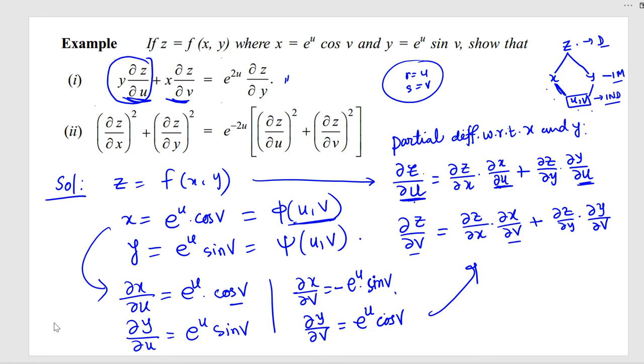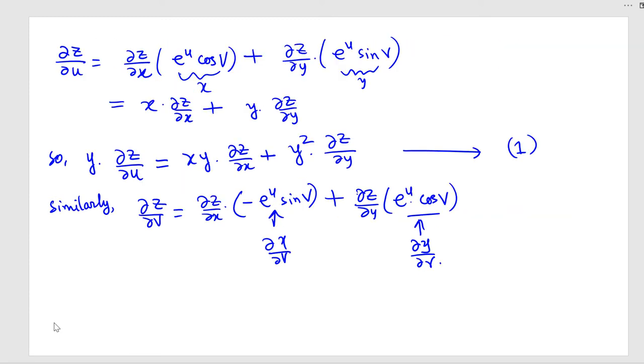We can see that this is negative e to the power u into sine v, and this is e to the power u into cosine of v. We substitute here, and from the given equation we can see that this is nothing but y. Here you can see x.